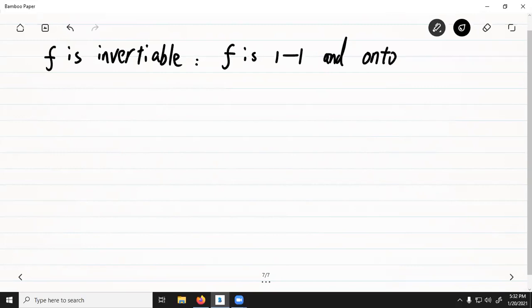Okay, so this is a 1-to-1 correspondence, and the codomain is actually the range. This is called the invertible function.